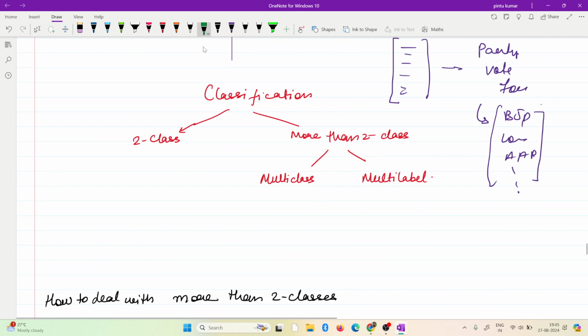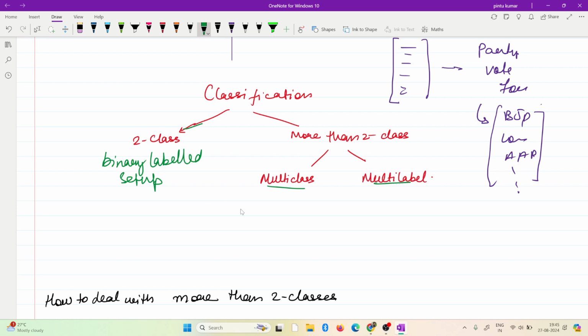So in classification, you can either have two classes, which is called a binary labeled setup. And when you have more than two classes, there are again two bifurcations: one is called multi-class, one is called multi-label. There is a slight difference.